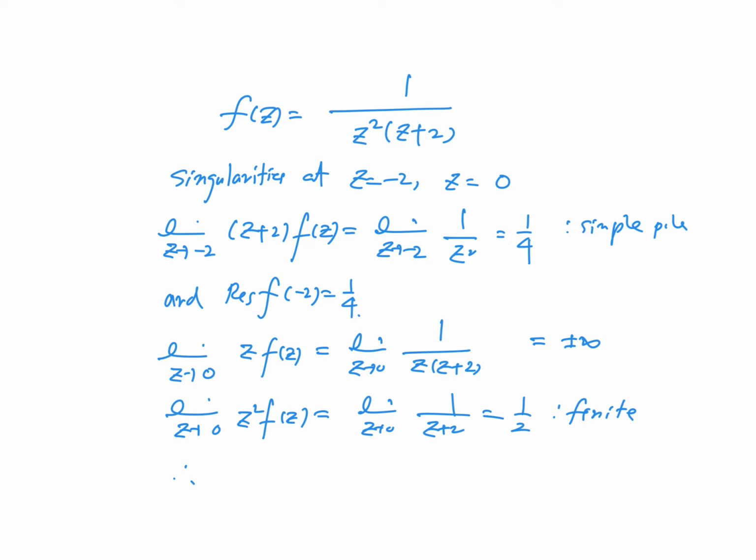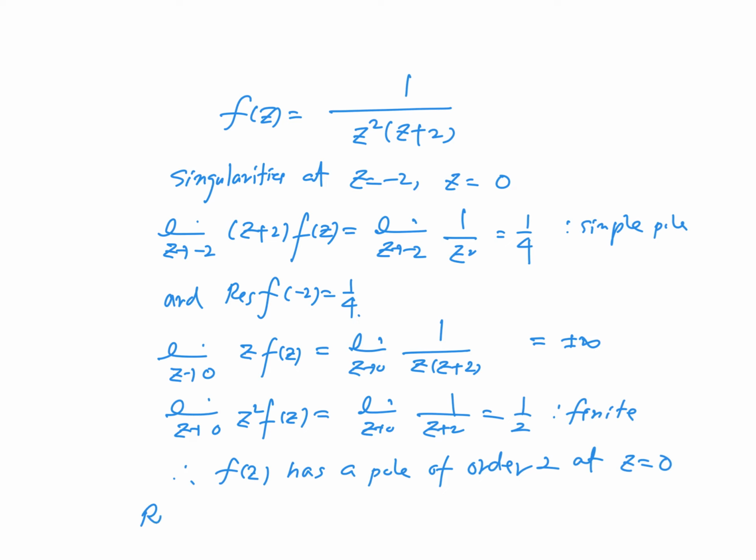So f(z) has a pole of order 2 at z equal to 0. But what about the residue? You need to differentiate.